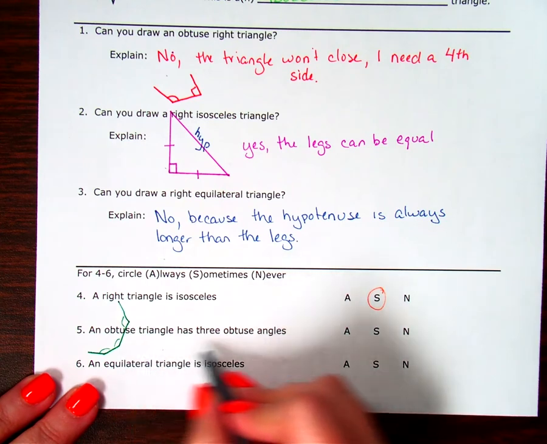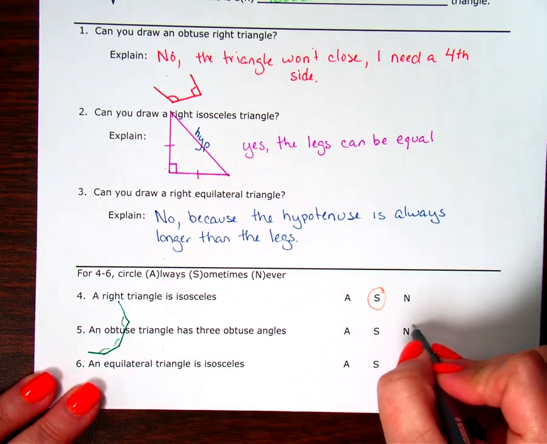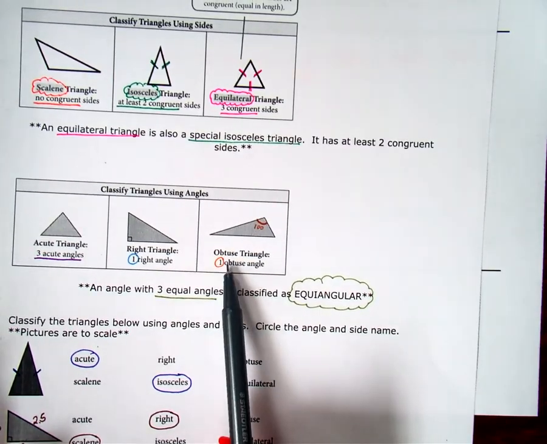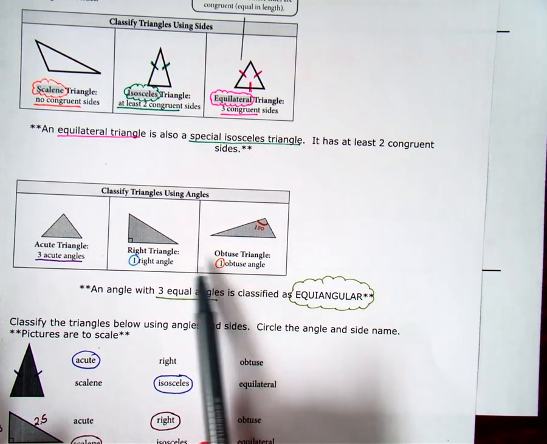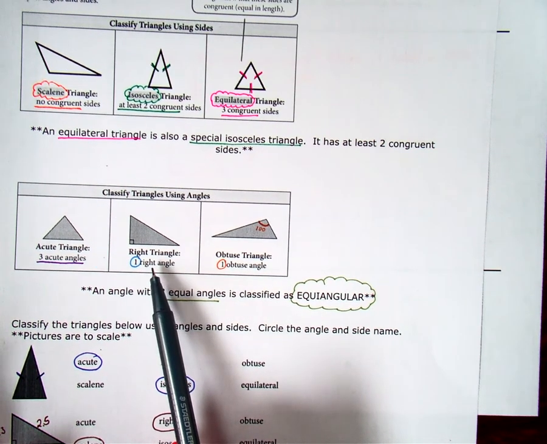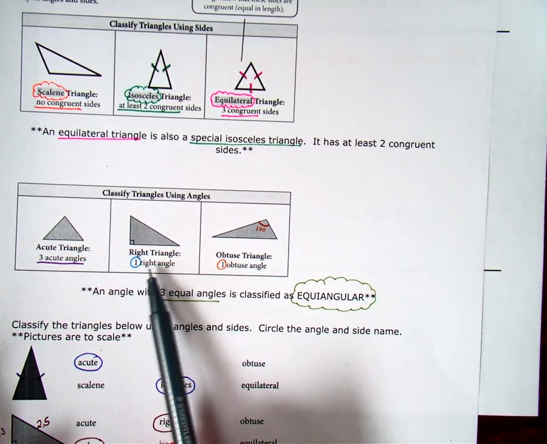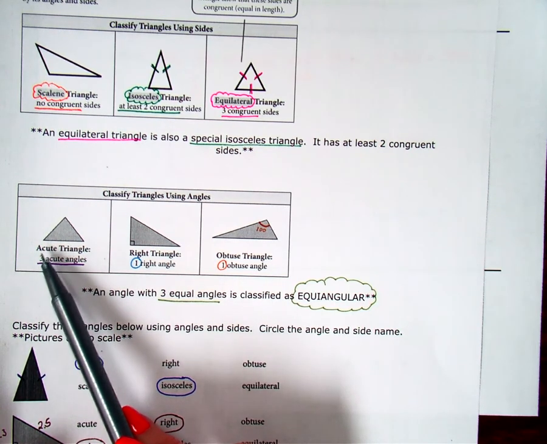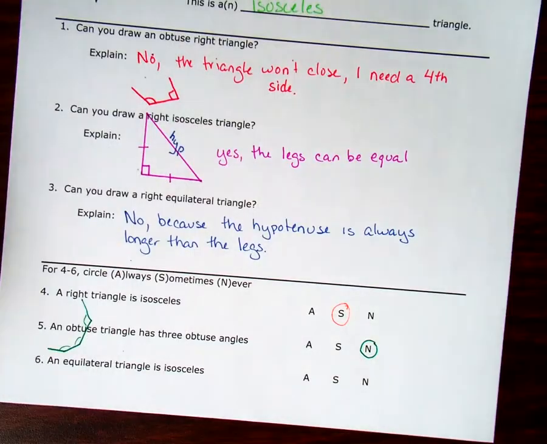So an obtuse triangle has 3 obtuse angles? Never. Okay, and remember that was part of our notes, right? In an obtuse triangle, we said there is 1 obtuse angle, just like in a right triangle, there is 1 right angle. And then my acute triangle is the only one that has 3 of its description. It has 3 acute angles.